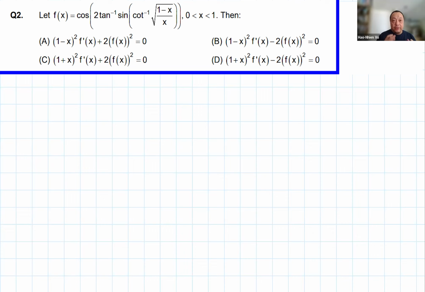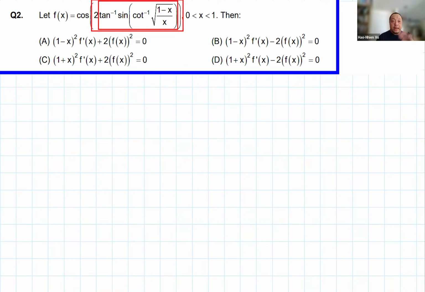The function f has a combination of trig functions and inverse trig functions. Each inverse trig is an angle, right? So there are two angles in this whole combination here. There's the cotangent inverse, that's one angle. And then there's the tangent inverse, that's another angle.